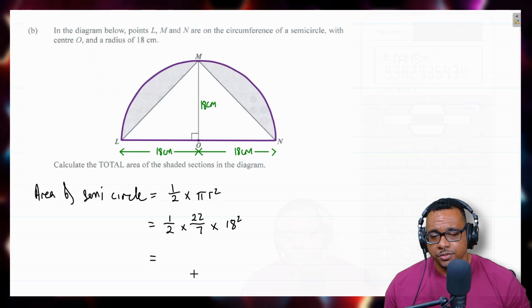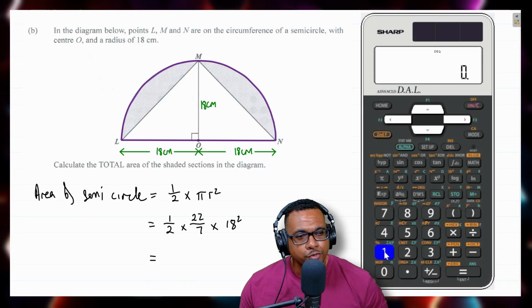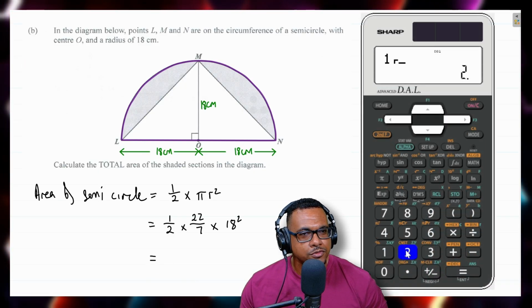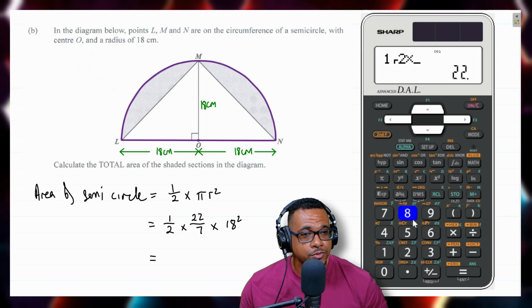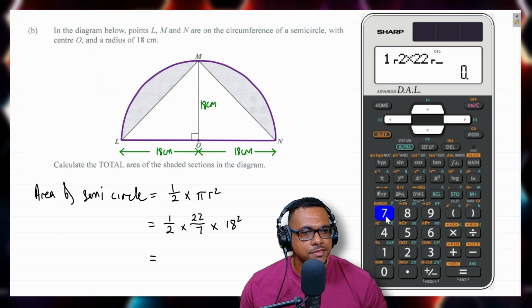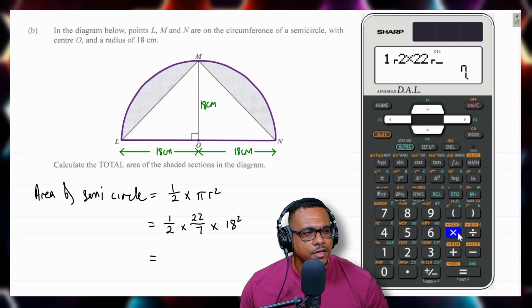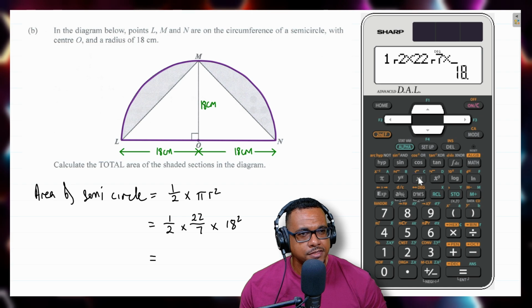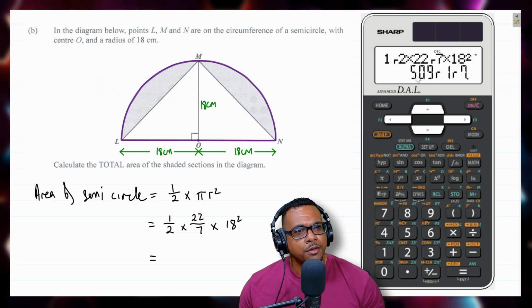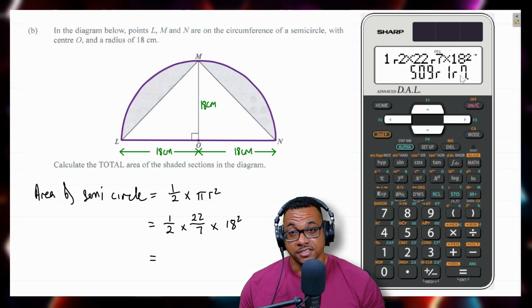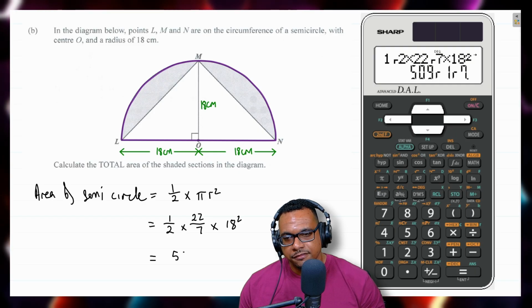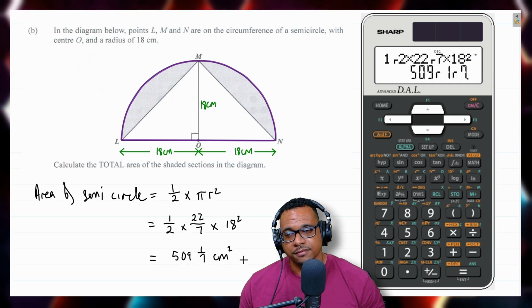So we're going to have a half, so 1 over 2, using the fraction button, multiplied by 22 over 7, multiply by r squared, so that's 18, press the x squared button to square it, press equal, and we get 509 and 1/7. So I'm going to write 509 and 1/7 centimeters squared.